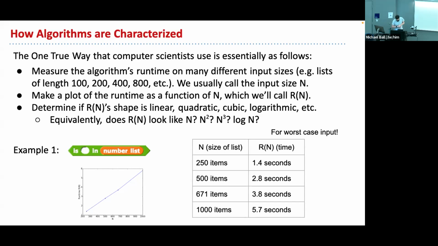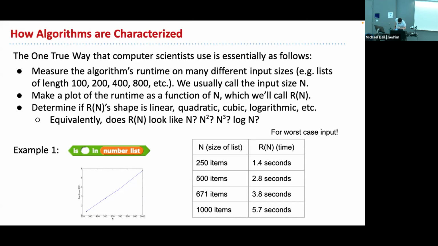In this case, for this version of the function, we can run a test. The way that this is written, as long as our list never has an empty item, this will always run through every item in our list to say that there's no empty item in there. So for 250 items in one test, this took 1.4 seconds. For 500 items, 2.8 seconds.